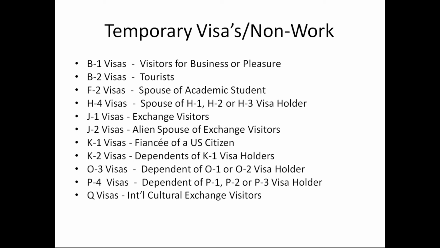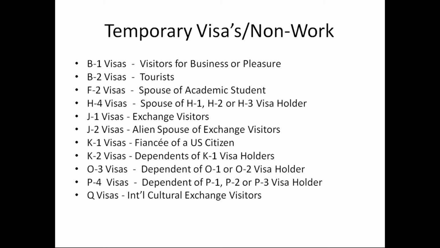B2 visas is tourist. That one's nice and easy. Obviously, if they're a tourist in the United States, they're not eligible to work. Where the confusion falls is the F visas, the H visas, the J visas. These can be somewhat confusing, and the reason being is we're going to talk about the H visa. We're going to talk about the H1 visa because it's the most common visa issued for work purposes.